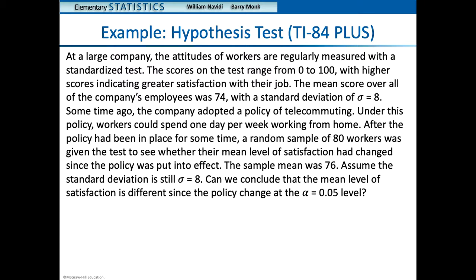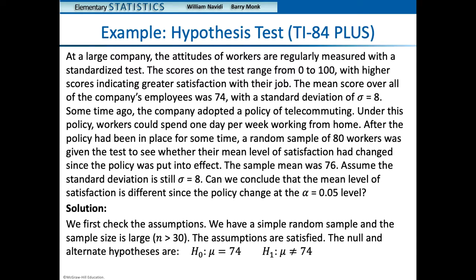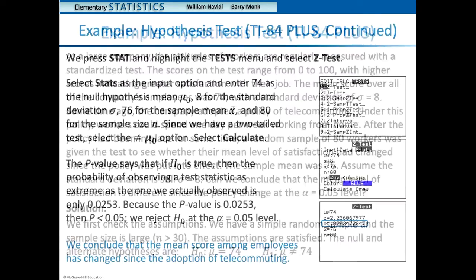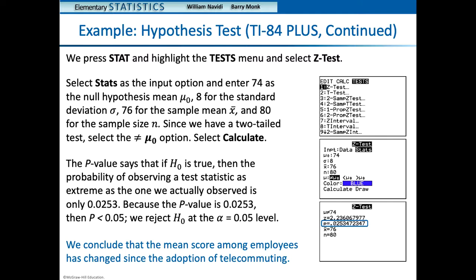So let's revisit this example about the workers and the telecommuting policy. This time we will do it using the TI-84 calculator. Assumptions are checked, hypotheses are stated, right? So once you open up the z-test, you want to select stats as the input option, and you'll get an input screen that looks like this.